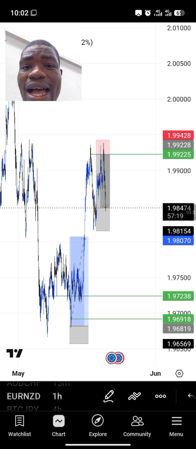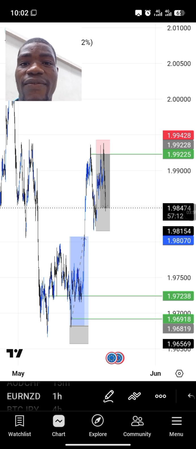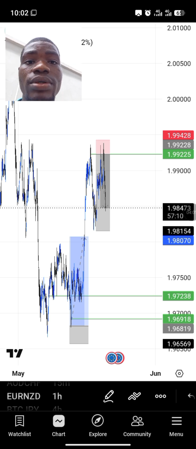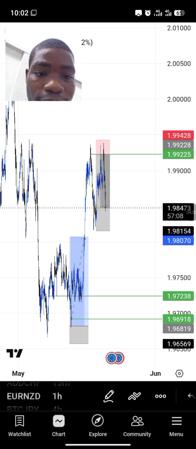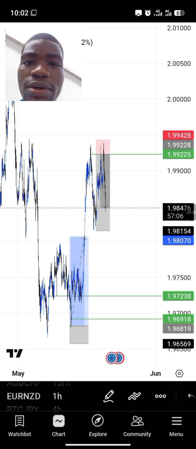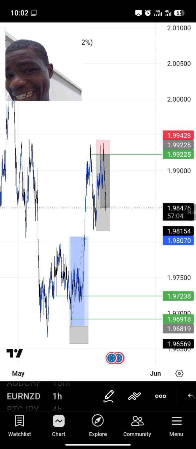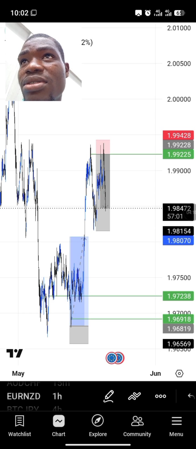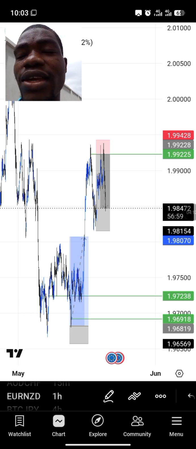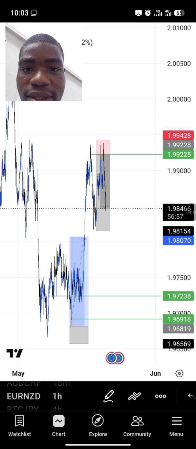So I have nothing to lose on this trade. Literally, I have nothing to lose. So why do I want to bother myself? I said to myself that even though this trade hits stop loss, fuck it, bro, I have nothing to lose. At most, I'll just lose 1 point something cent, or up to 1 cent.